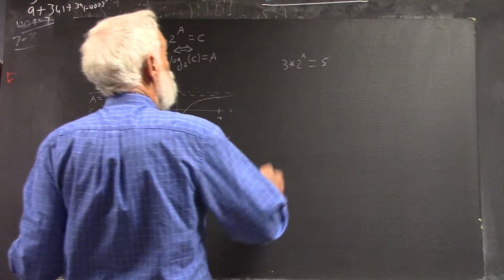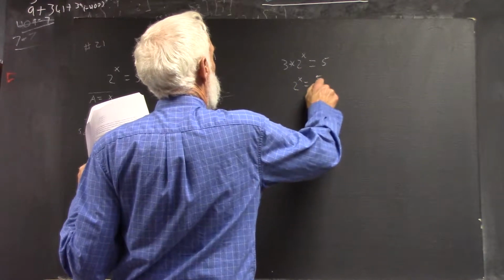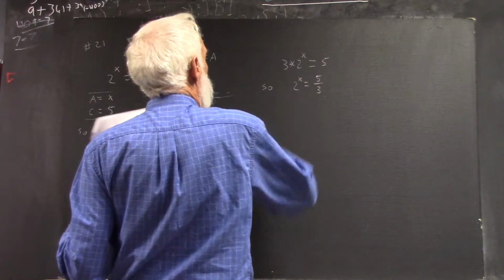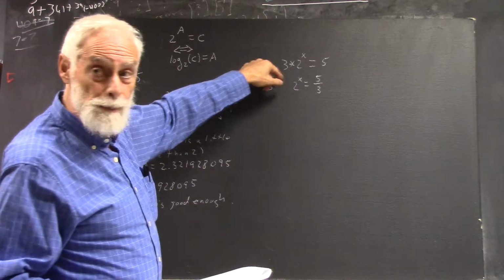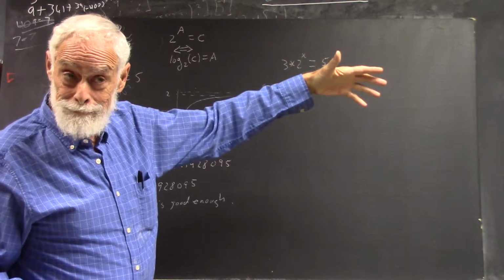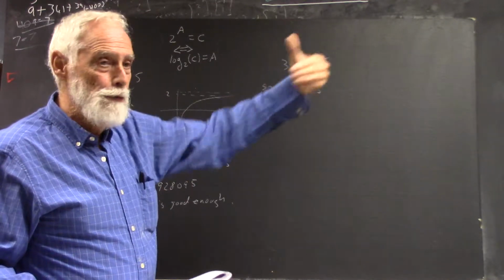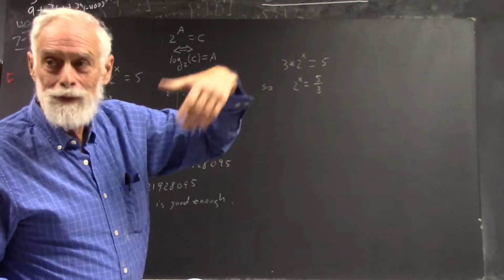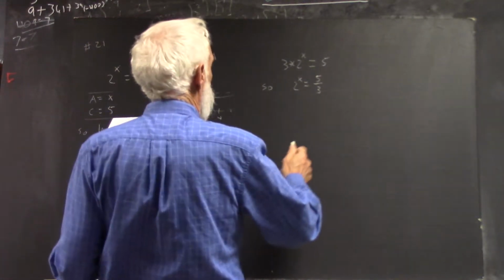You divide both sides by 3. And I would really prefer if you show me the step where you divide both sides by 3. Don't cancel. I get 3 over 3 times 2 to the x, which is just 1 times 2 to the x and so forth.